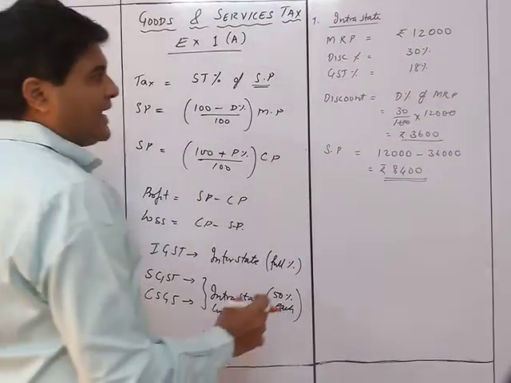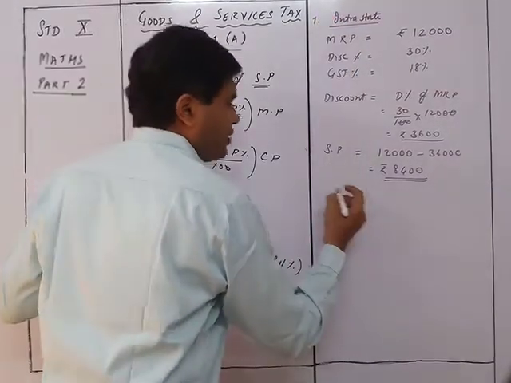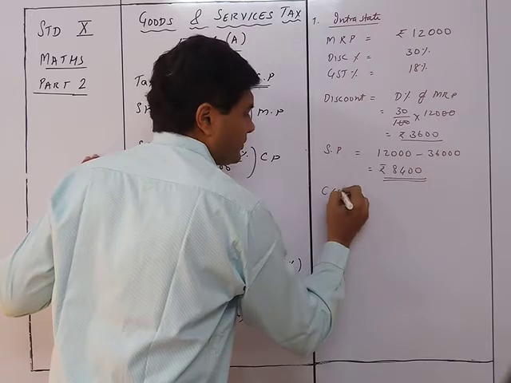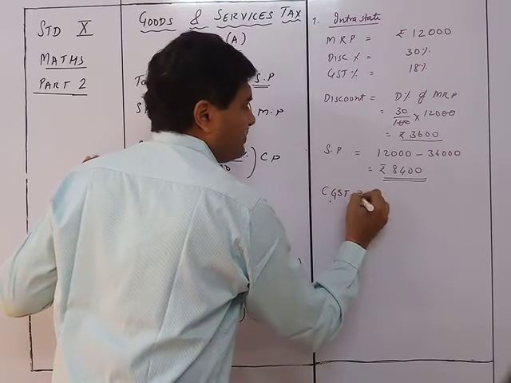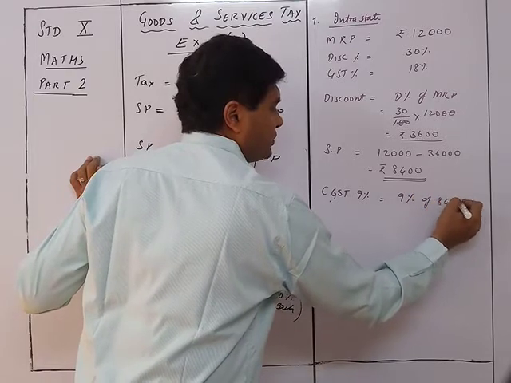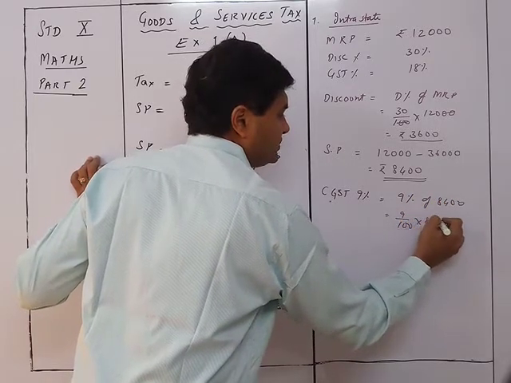Accordingly, you can see that for the GST, now it is intrastate, so there will be CGST equal to 9%. So it is 9% of 8400. That is 9 upon 100 into 8400.